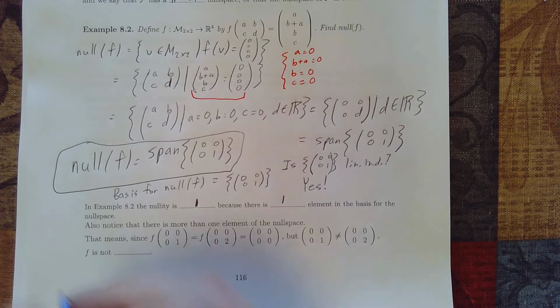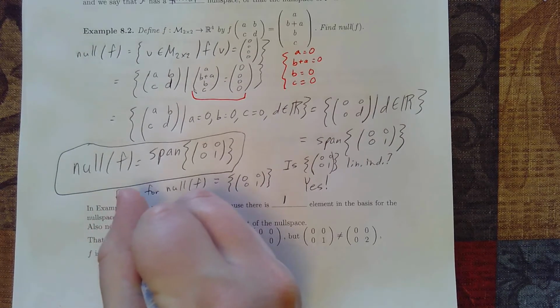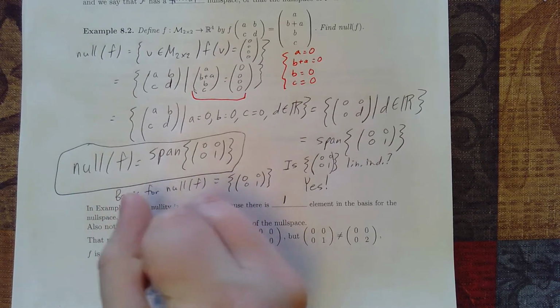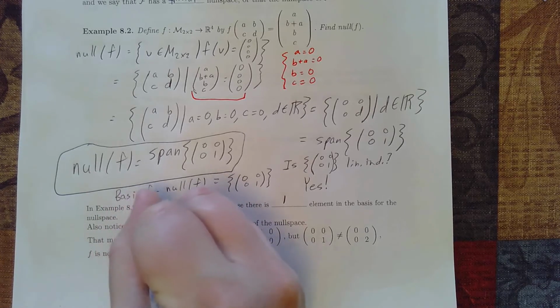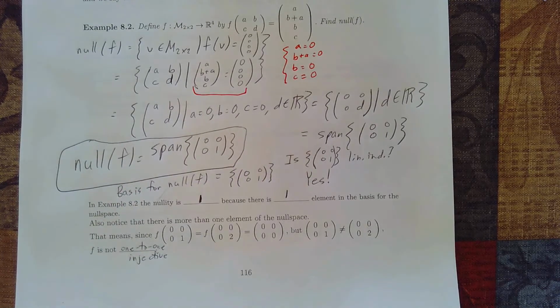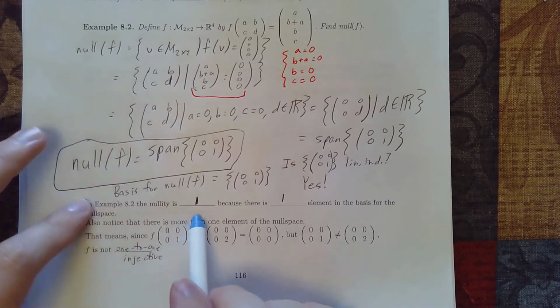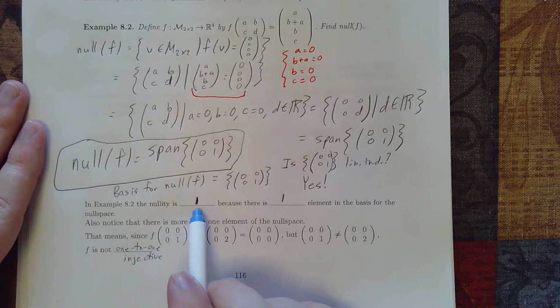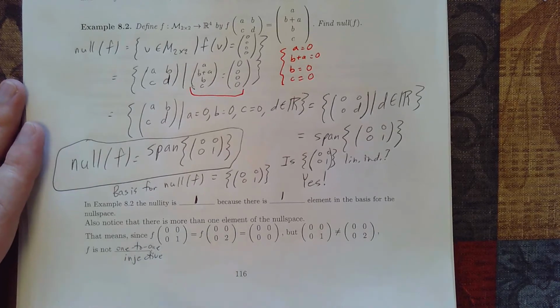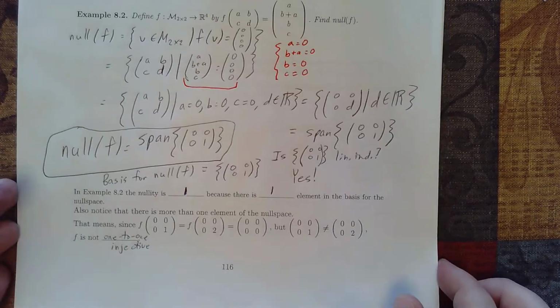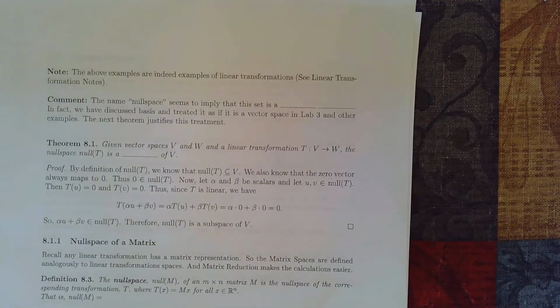So that means that f is not going to be 1 to 1 or injective. Interesting. So what that tells us then is that if we have something that has a nullity that is 1 or more, basically not 0, then we can't have an injective function. So this kind of relates to our stuff from last week.